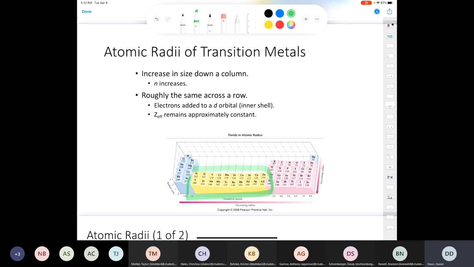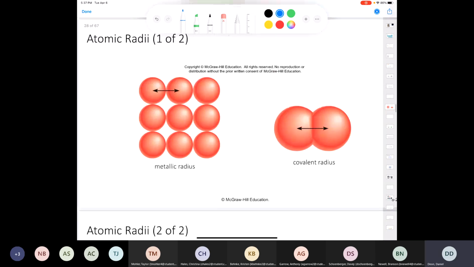But again, the effective nuclear charge remains pretty much constant, because when we're calculating the effective nuclear charge for a transition metal, we have Z and sigma, and as Z increases, right, so does sigma. There we go. All right.